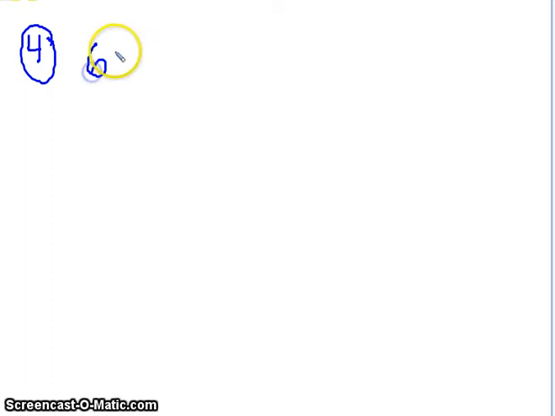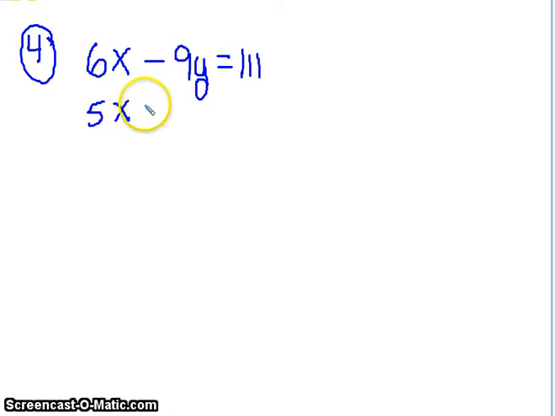So we have 6x minus 9y equals 111. Who wants to graph 111? Not me. 5x minus 9y equals 103. When I add these two together, nothing cancels. But these are almost the same. You've got a negative 9 and a negative 9.